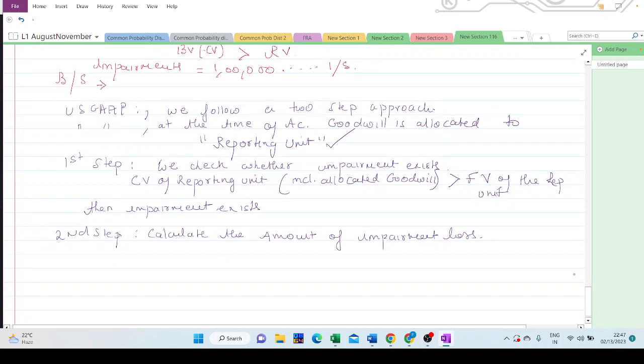We calculate the amount of impairment loss. Impairment loss is what? So we'll write this down. Impairment loss is carrying value of goodwill minus implied value of goodwill.